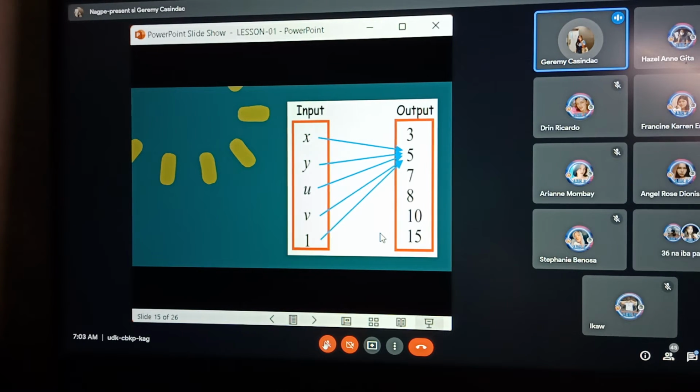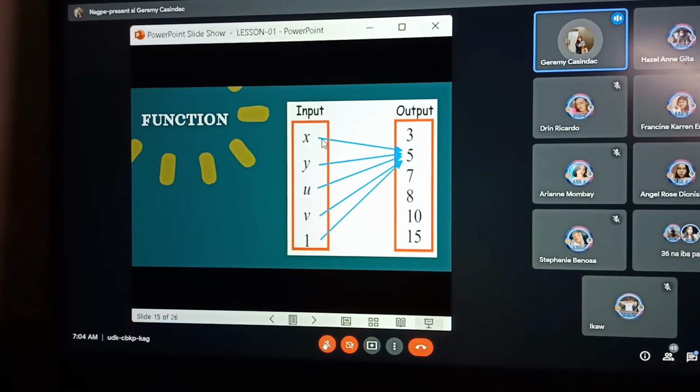So as you can see, hindi naman umulit yung ating domain dito. Ang umulit lang is yung ating range. So walang problema is lahat ng ating domain is connect lang into only one range. Matatawag pa rin yan natin na function under one to many correspondence. So therefore, this given example is a function.